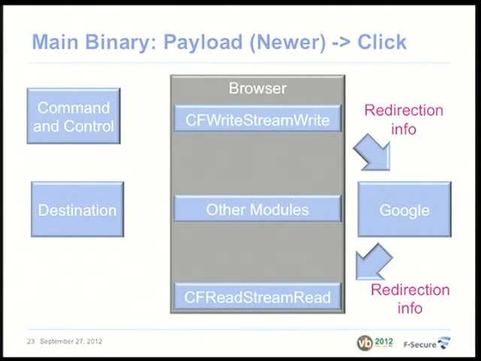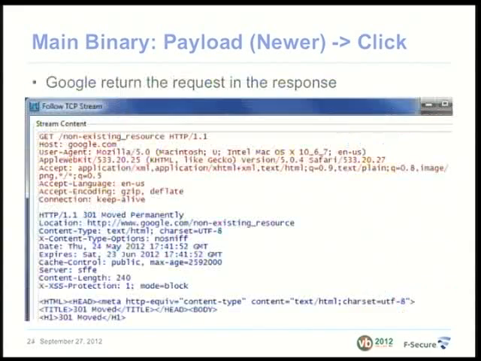What is actually happening here is that the CFWriteStreamWrite hook is using Google to communicate with the CFReadStreamRead hook. You will see that when you make a non-existing resource request to Google, Google will simply issue a 301 code containing the original resource request.